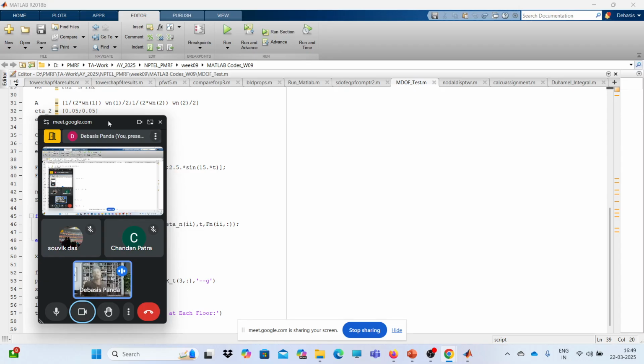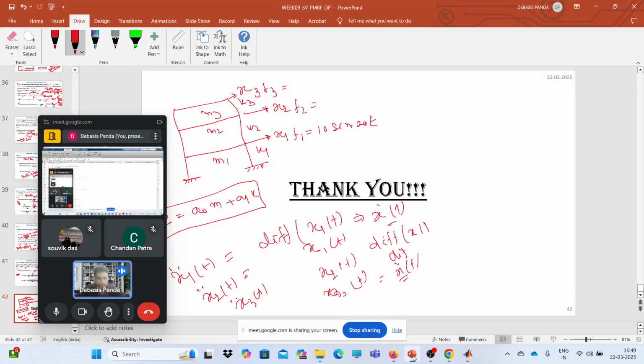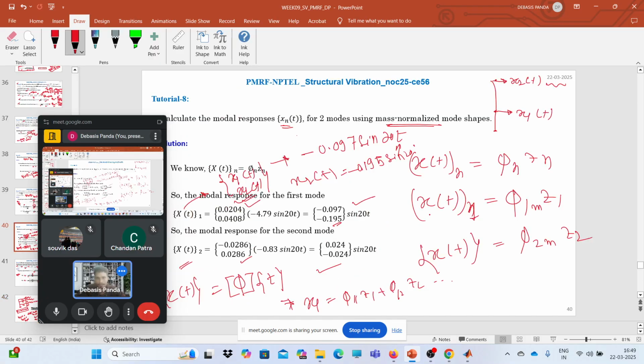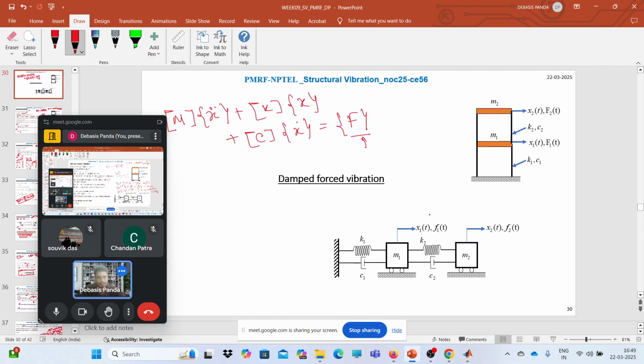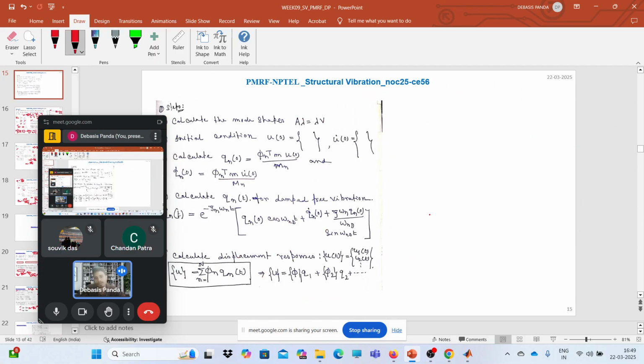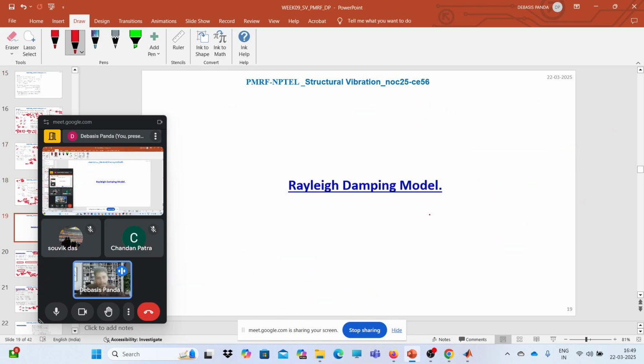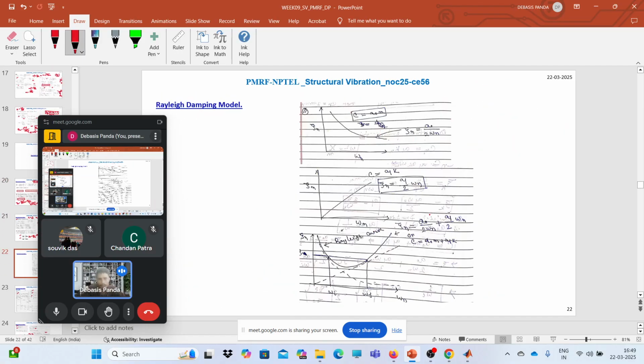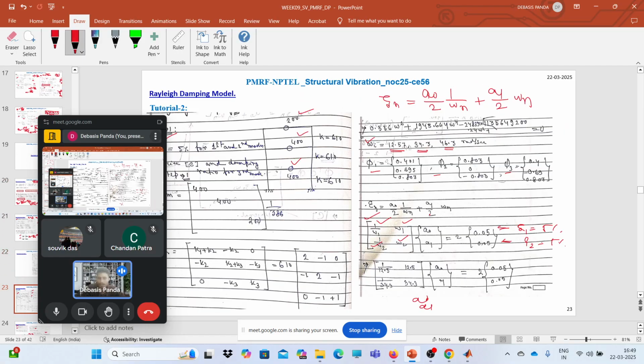Okay, so let's quickly recap what we have done today, and then we will close our session. First, we spent some time on damping models, particularly the Rayleigh and Caughey damping models, and how we can use them to get the responses.